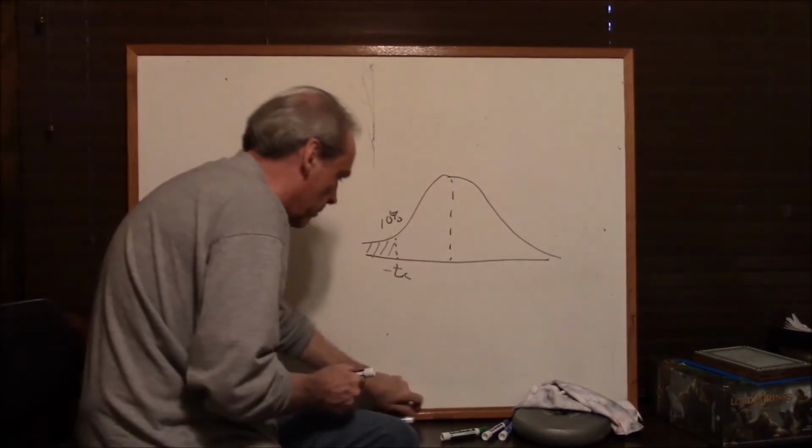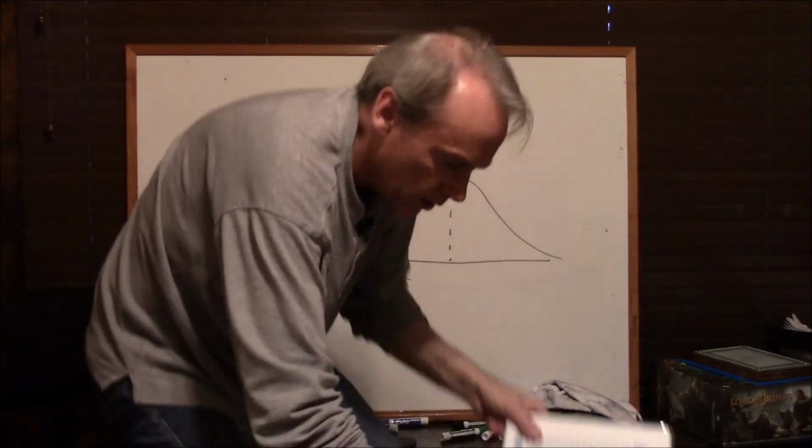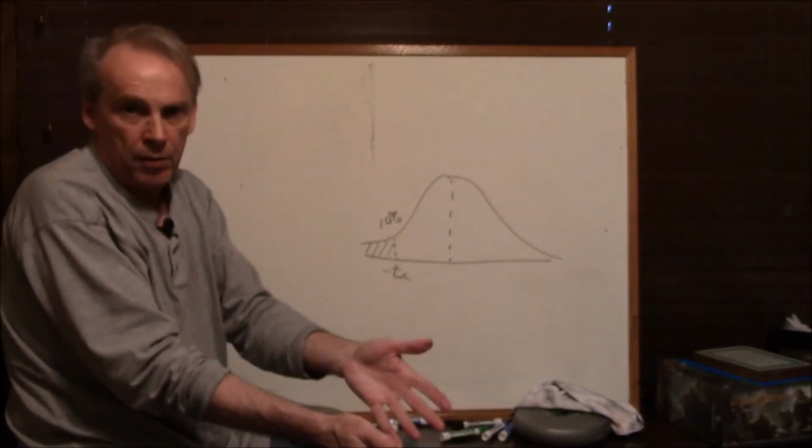Because here's the point I'm trying to make: all of these numbers are positive. So when you're testing something you expect to be negative, you just use a negative value here.